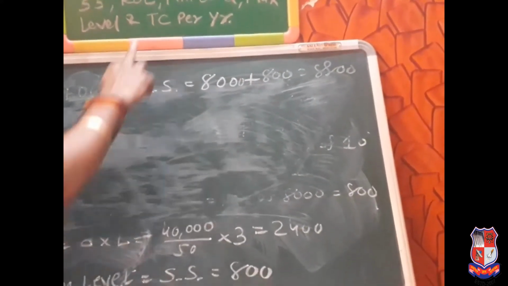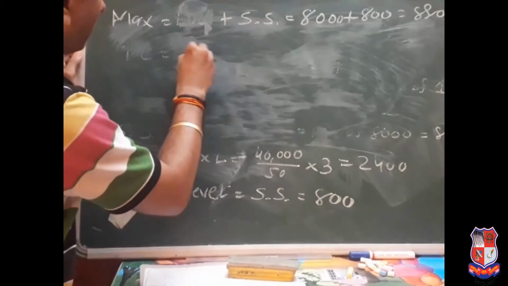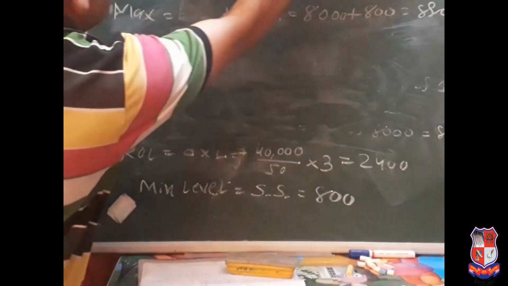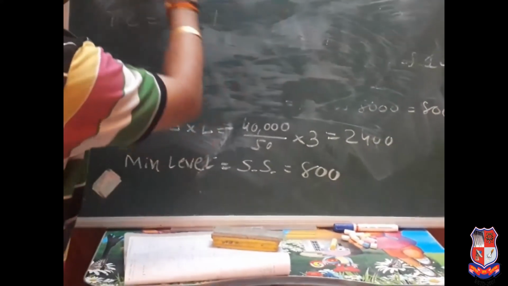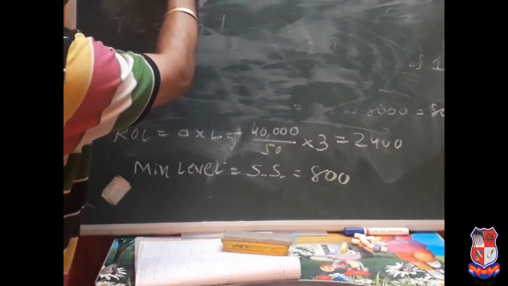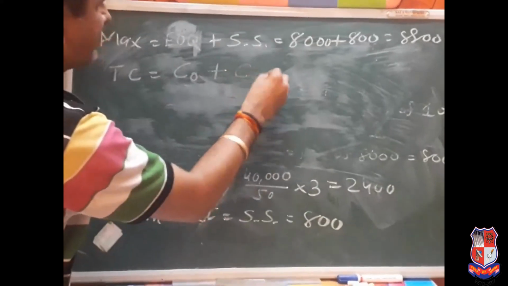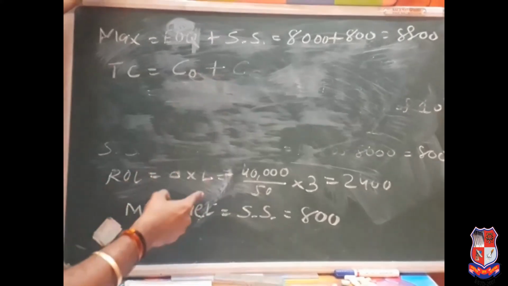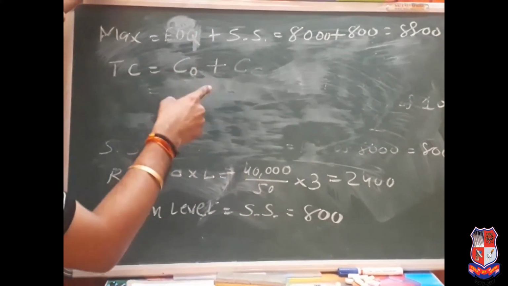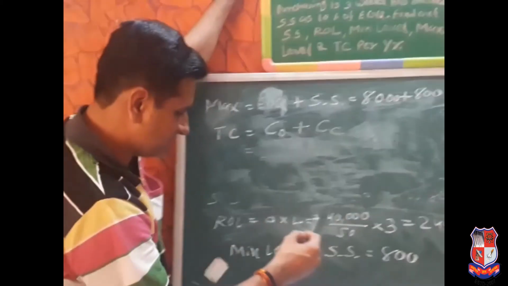And last, you need to find out the total cost, TC. Total cost is equal to ordering cost plus carrying cost. I have already explained in the first lecture what CO and CC are.